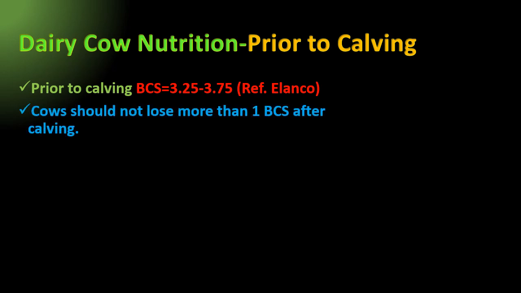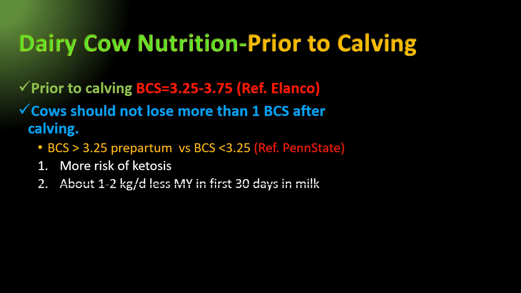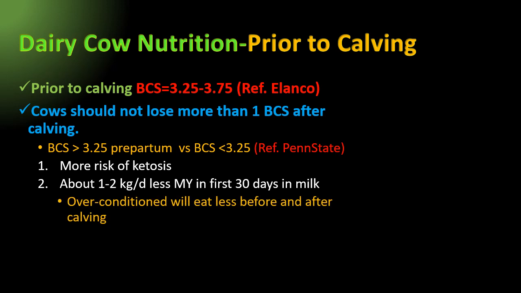So the cows should not lose more than one body condition score after calving, and we have already discussed the reference where animals whose body condition score was greater than 3.25 were prone to more metabolic disorders, particularly more at risk of ketosis, and they also produced 1 to 2 kg per day less milk during the first 30 days of lactation than those animals whose body condition score was less than 3.25 prepartum.